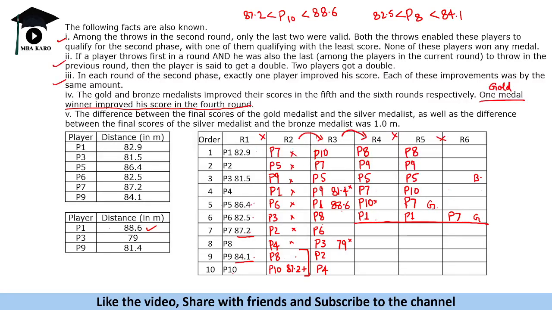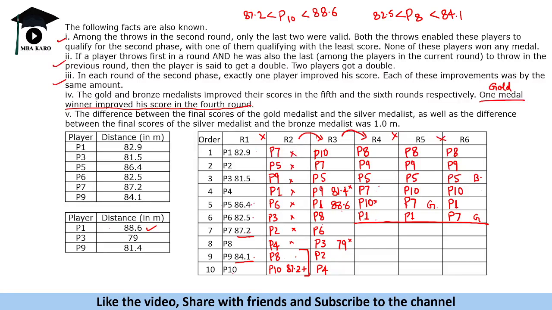So P7 became the gold medal winner. So it came here. P1 was here, and the rest P8, P9, P5 and P10. They were in this order. Okay, they were in this order, and what happened was P5 improved his score.